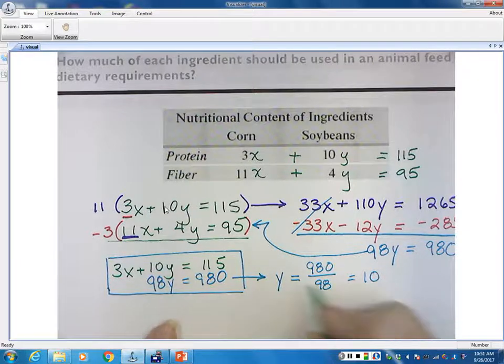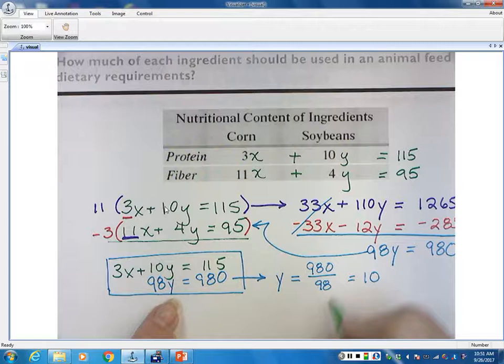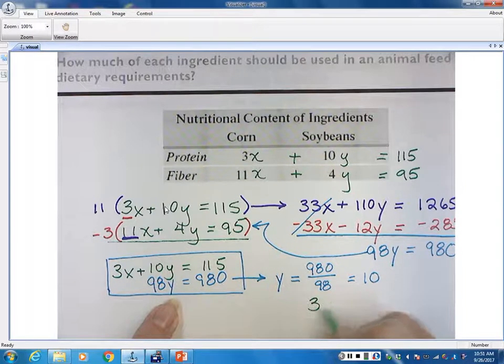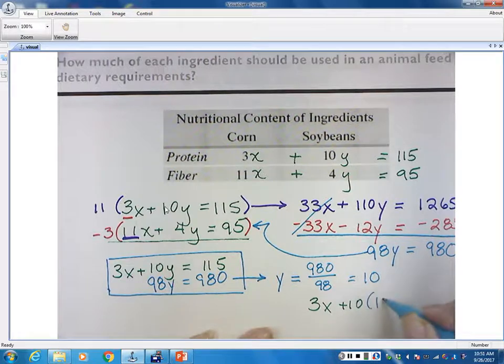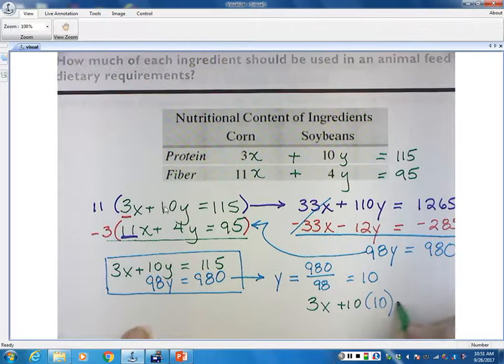So we take y equals 10 and we put that in: 3x plus 10 times 10 is equal to 115. And of course, 10 times 10 is 100.